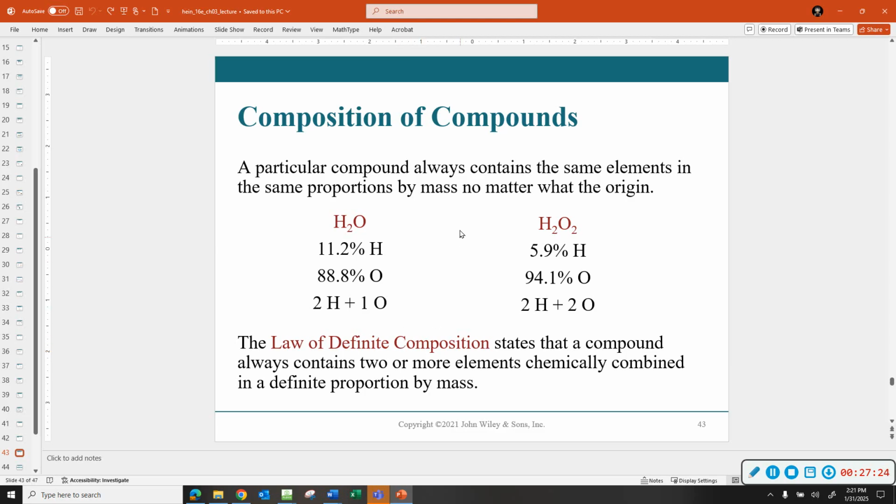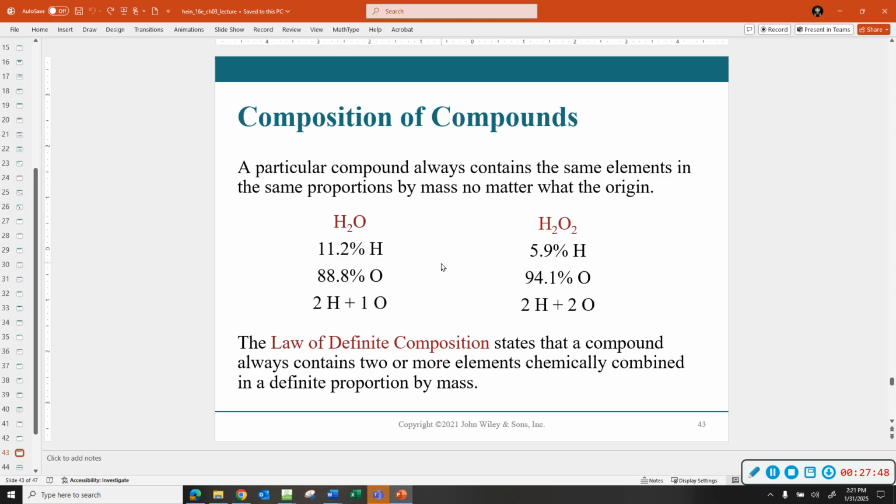Okay, then, you can't just say, oh, 2 divided by 3, that's going to give me the percent of hydrogen. You have to consider the mass. Hydrogen's mass is way less than oxygen. Oxygen has a mass of 16, where hydrogen has a mass of 1.01. So we've got to take the masses of hydrogen and add them to oxygen.